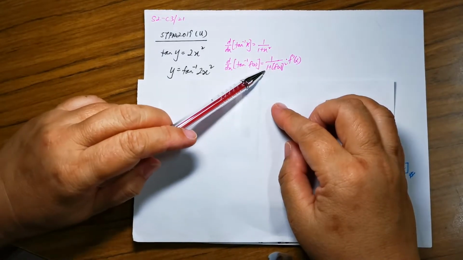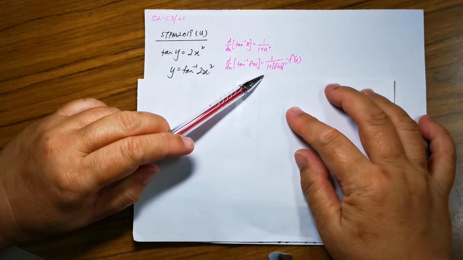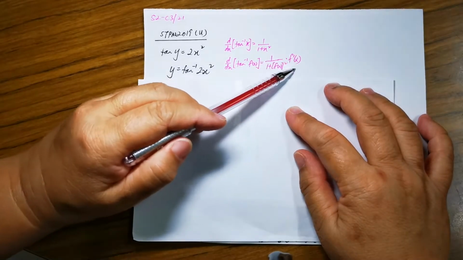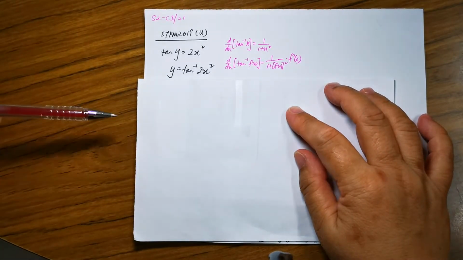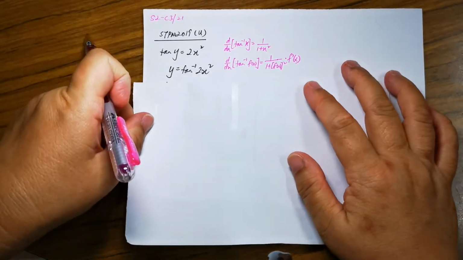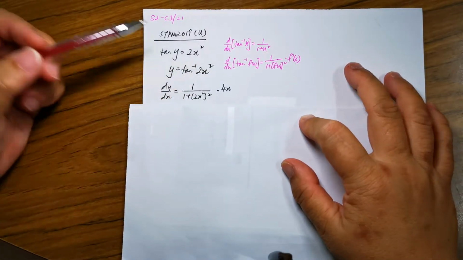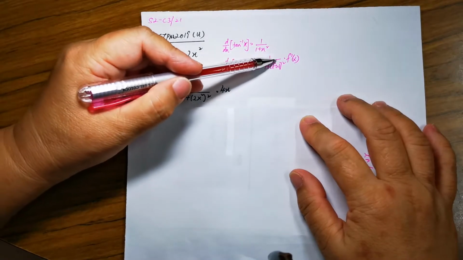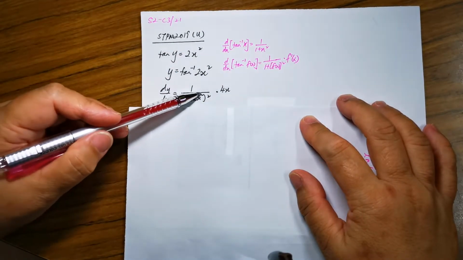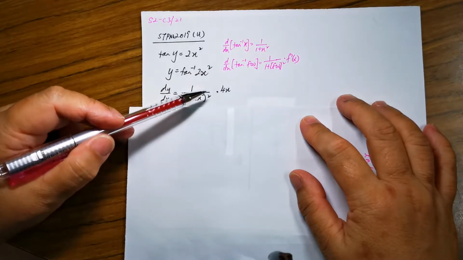This is not, but you apply the concept of differentiation of a composite function, where I always have to multiply by f prime x. So we are going to apply this concept. Therefore, dy/dx, differentiate arctangent 2x squared, is 1 over 1 plus f(x) squared, where f(x) is 2x squared, so 2x squared, squared.